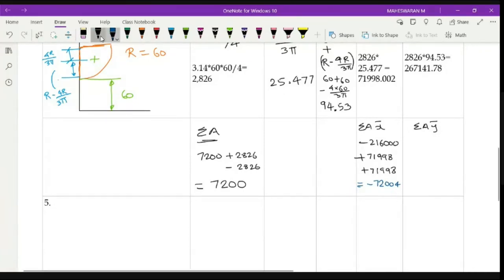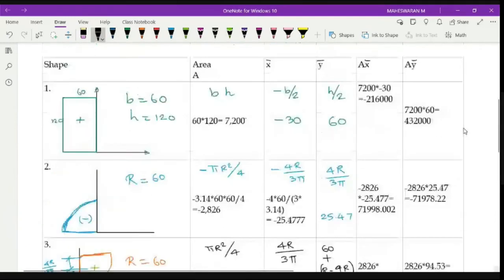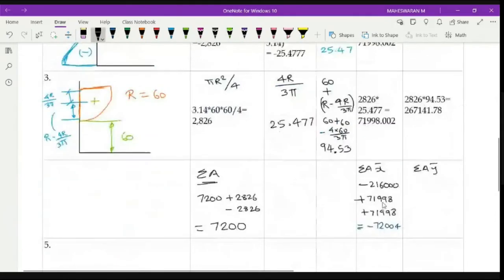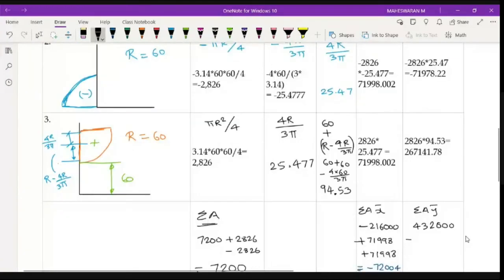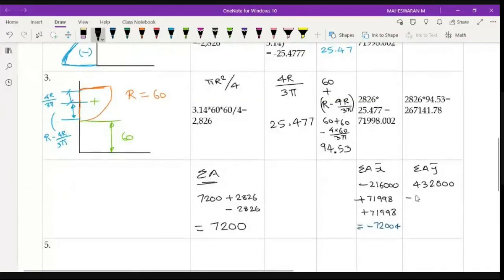Right. So let me consider A into Y bar. So what is your A into Y bar? If I consider A into Y bar, so 43200. Right. Minus 71978.